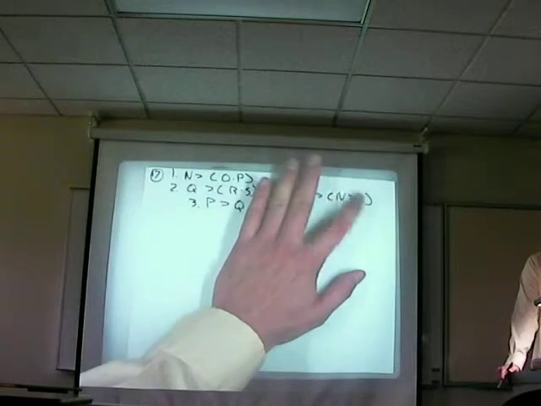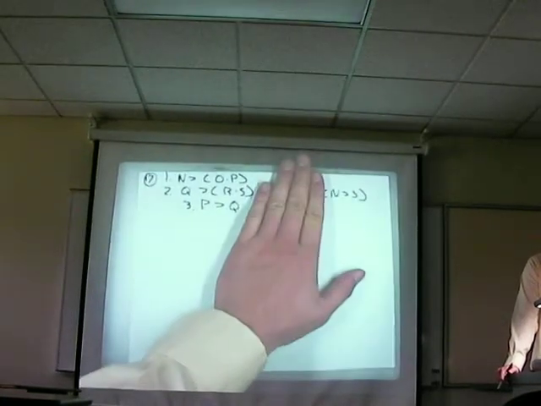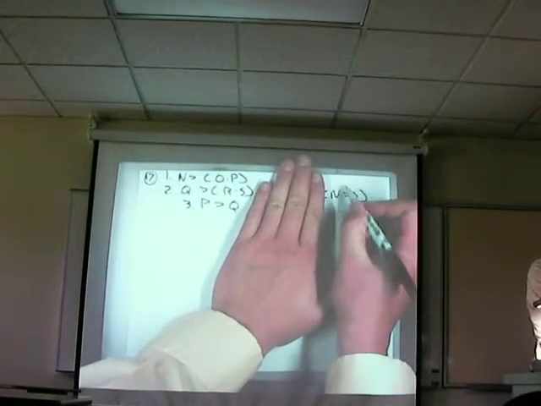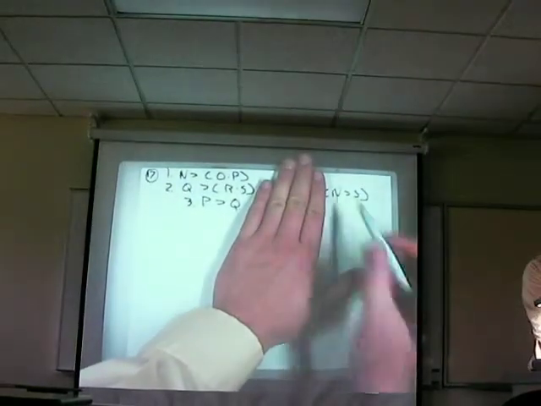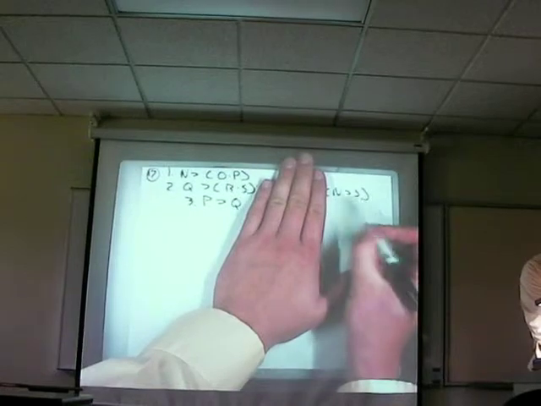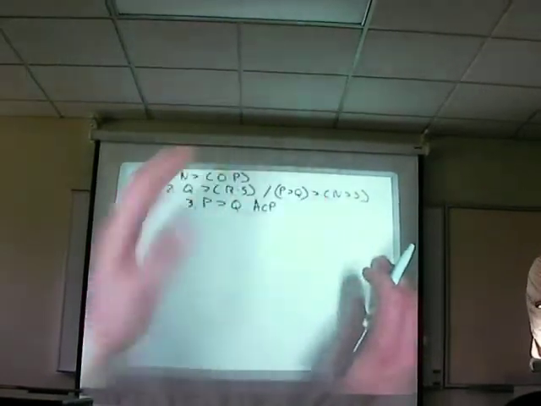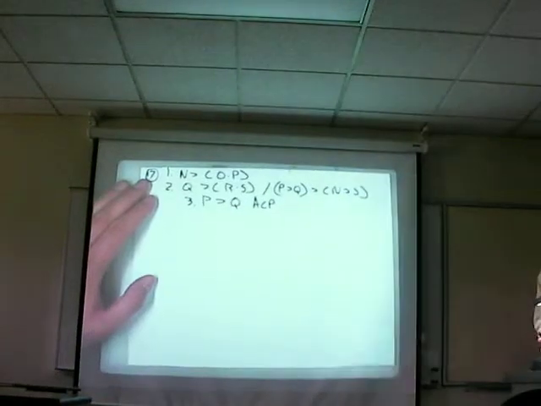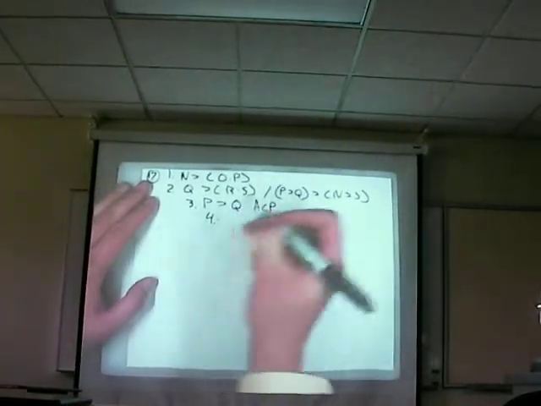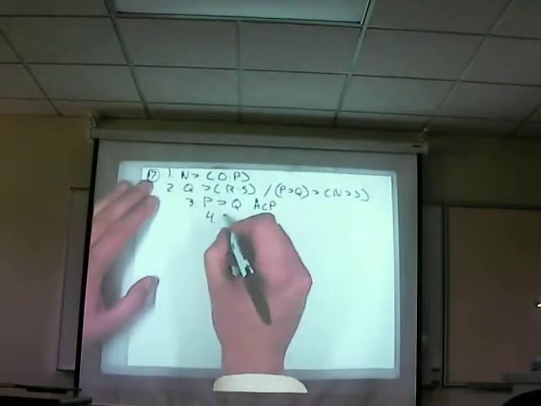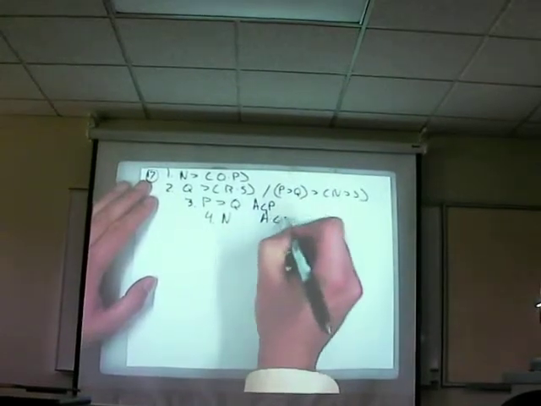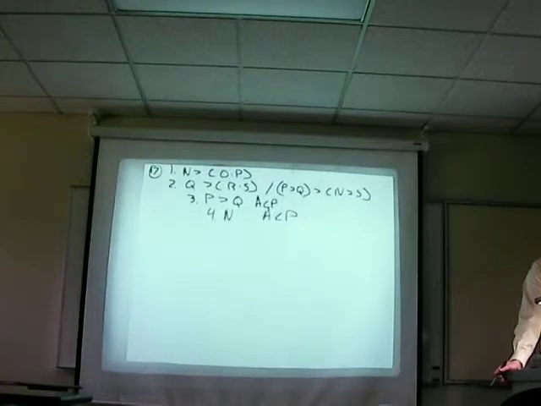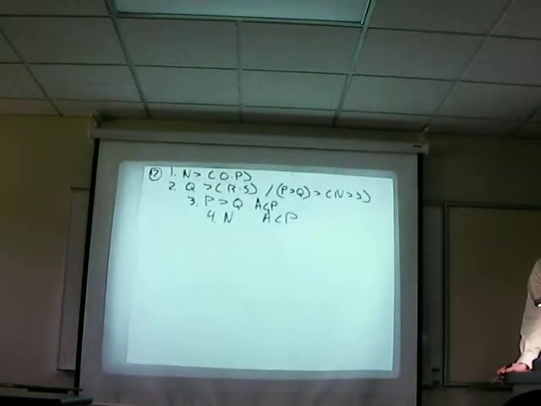Again, I'll abide by my general rule: assume the antecedent of what I want. I want R horseshoe S, so I'll take on another assumption, assuming the antecedent of what I'm now after. So indent again, take on that assumption, this time I'm assuming R, ACP. And now I've got two additional lines to work with: I've got P horseshoe Q, and now I've got R.